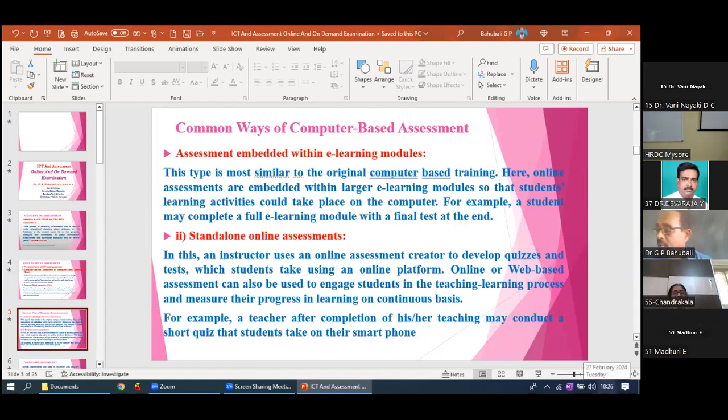For example, a student may complete a full e-learning module with a final test at the end. We call it assessment embedded within e-learning modules.